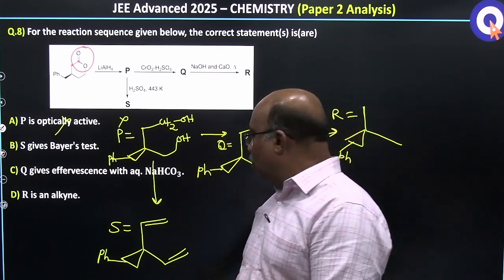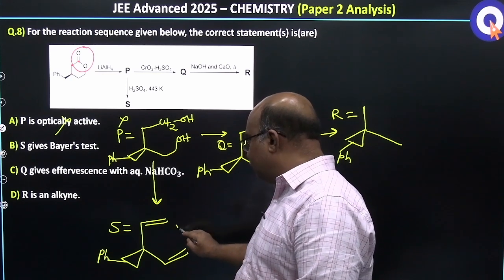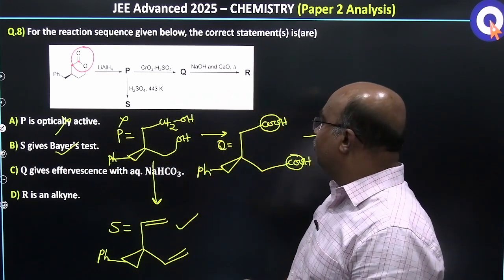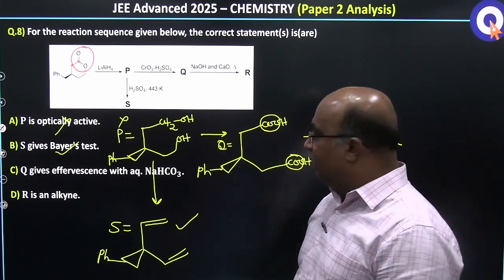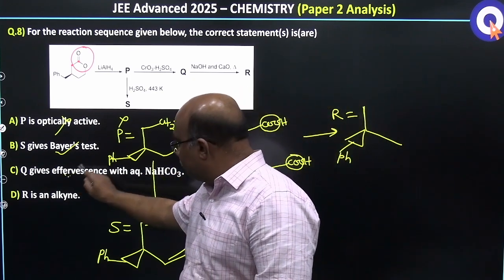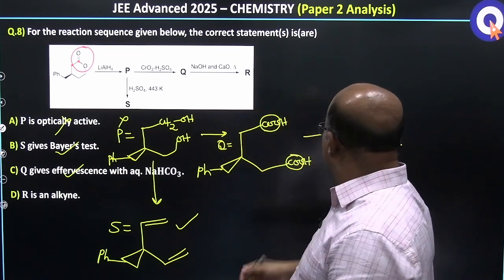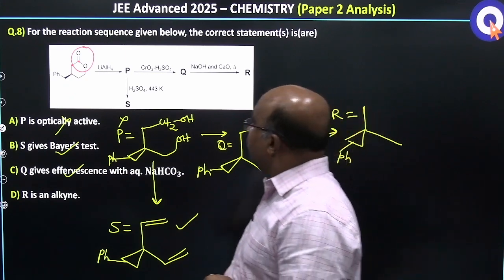It's nothing but the cold dilute alkaline permanganate unsaturation test, which can be given by S. So this is a correct statement. Q gives effervescence with sodium bicarbonate. Carboxylic acid will give the sodium bicarbonate test. Correct. R is an alkyne. So R is just an alkene, which is also, we can say, achiral. So this is also wrong.